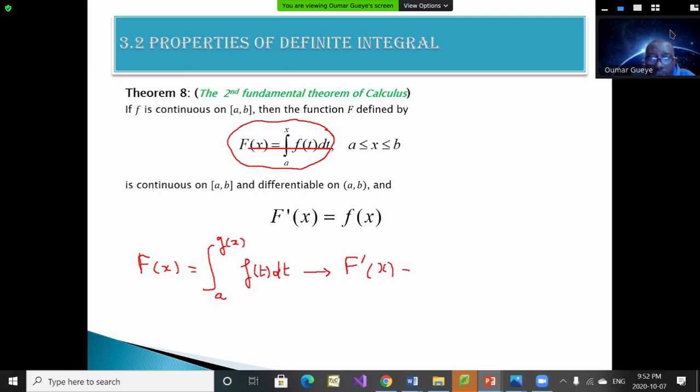So the derivative here is going to be equal to the derivative of the integral. You use exactly what the theorem says here, which is f at g of x, times g dash. And that's what I applied in the case of the second example.